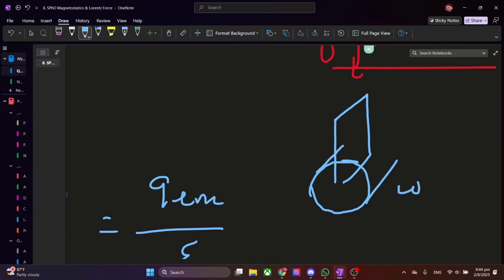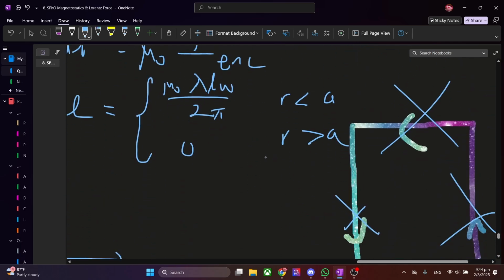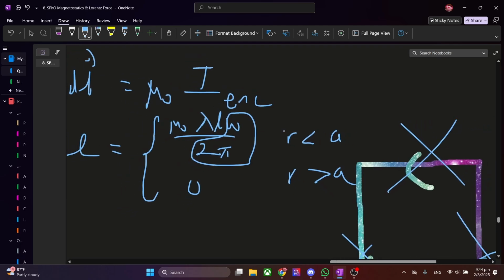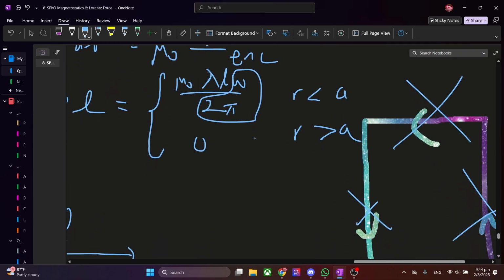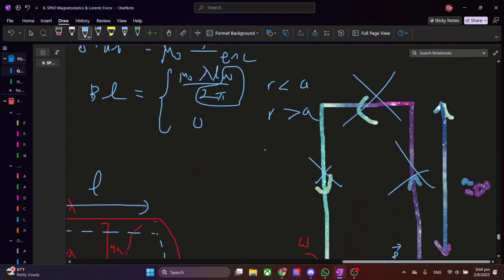The charge passing through this surface is going to be lambda L, and the period is 2 pi over omega, and you're dividing by it. So this just gives the current that's enclosed inside.